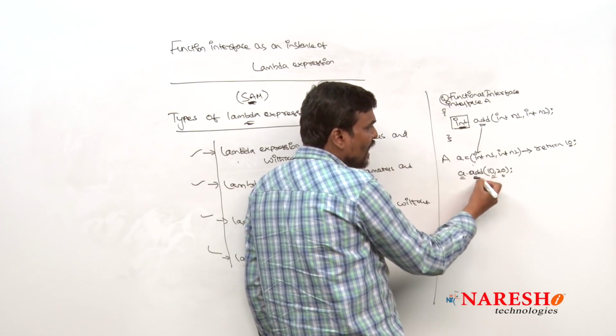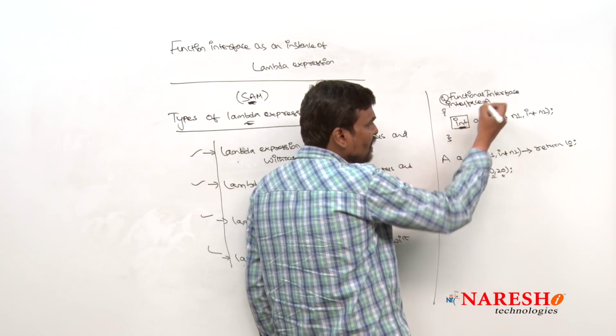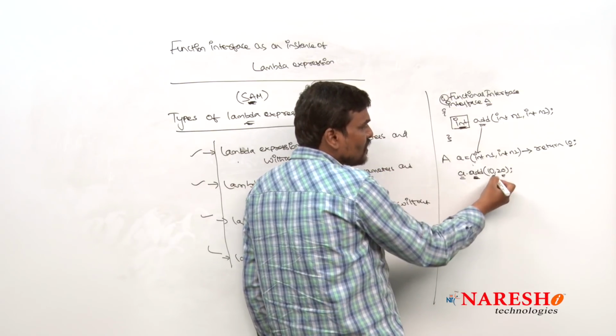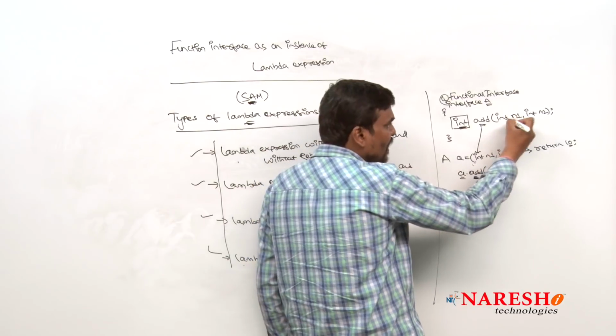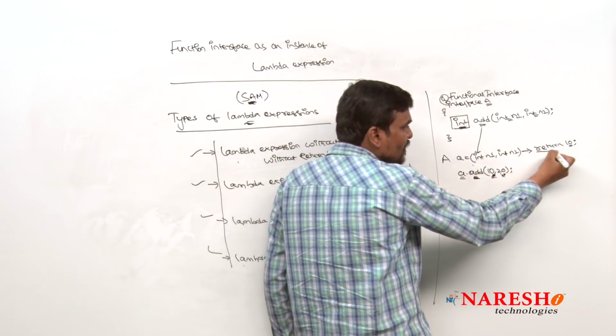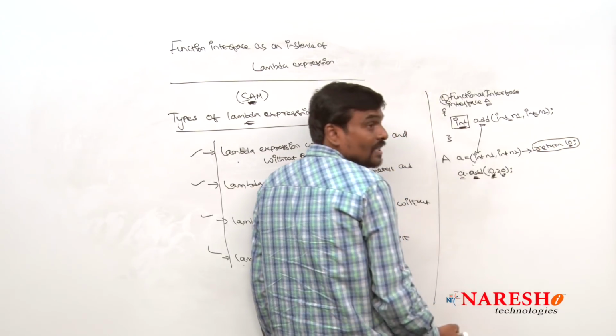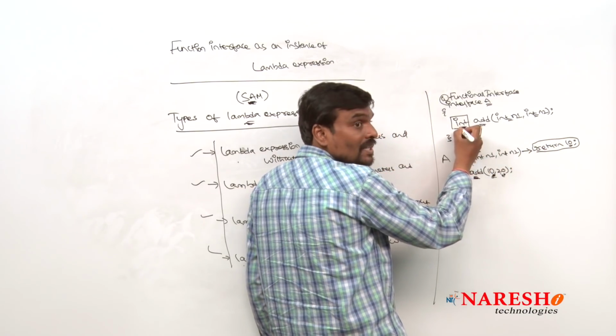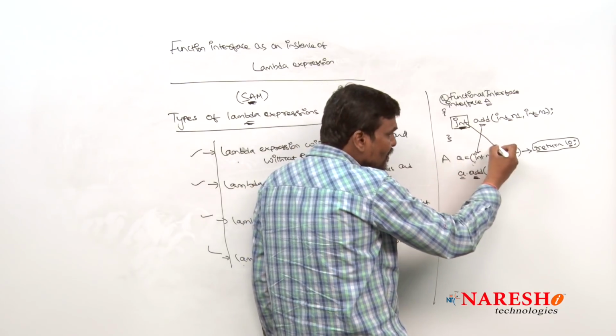The compiler looks for the add method in interface A, having two parameters of which type? Integer type. And at the same time this method returns a value of integer type. Now this is an implementation, right?